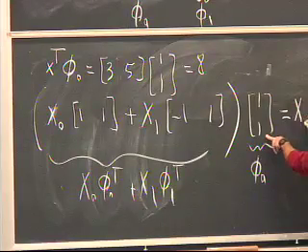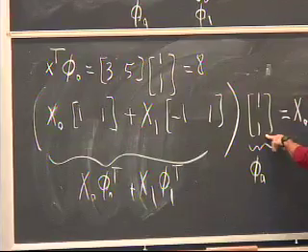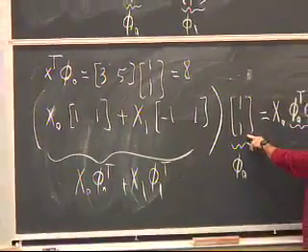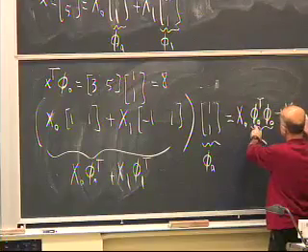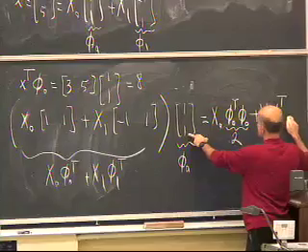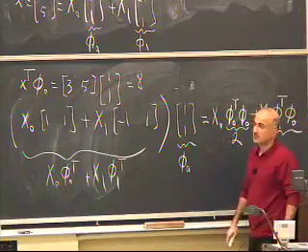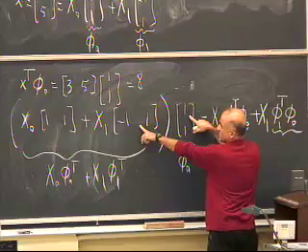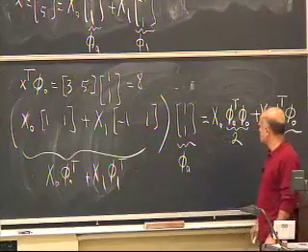x naught, phi naught dot product with phi naught, which happens to be 2, plus x1, phi 1 dot product with phi naught. And what happens when you take this dot product? 0. Okay?